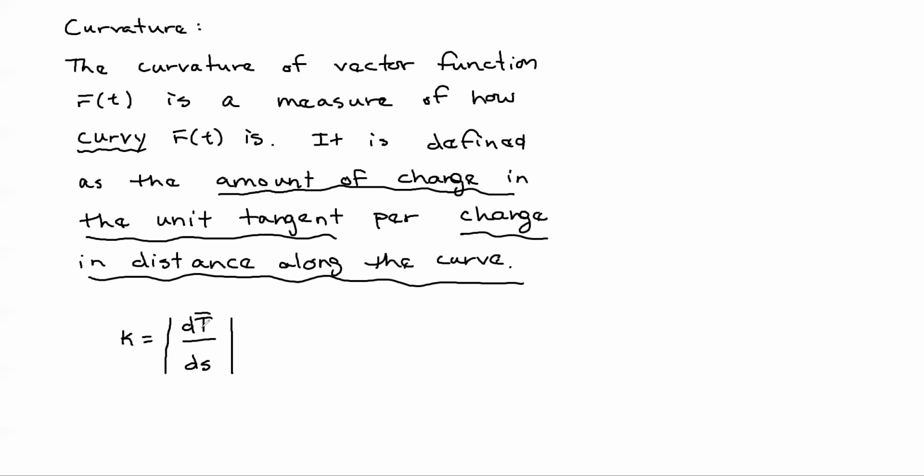It's not just the tangent vector, it's the unit tangent, so the length has been culled from it. It's length 1, so it purely represents the direction that you're moving in. And so you could think of it as change in direction over change in distance.